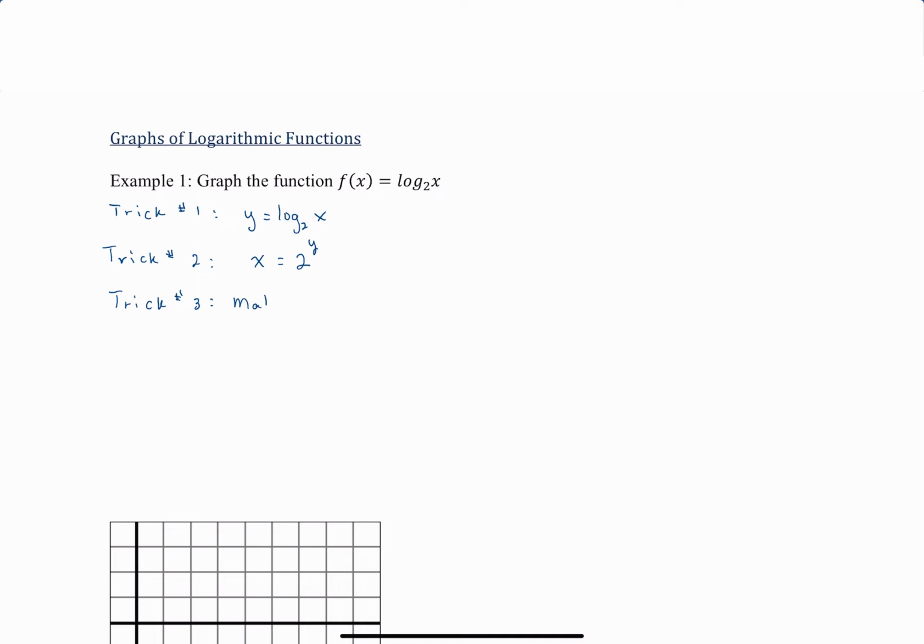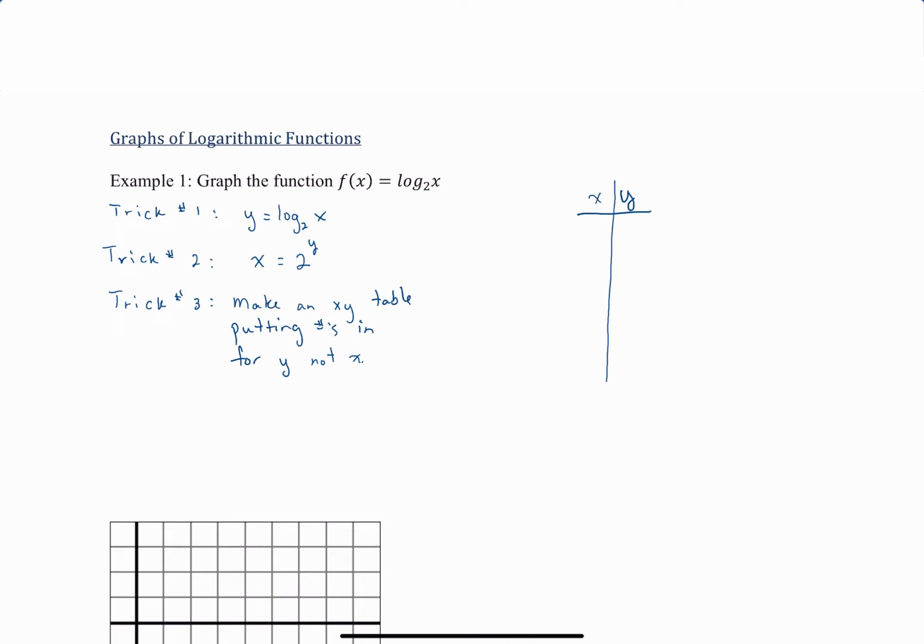We're going to make an xy table putting numbers in for y, not x. So usually when you make an xy table, you think of putting numbers in for x and computing y.